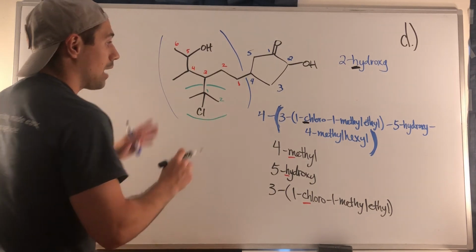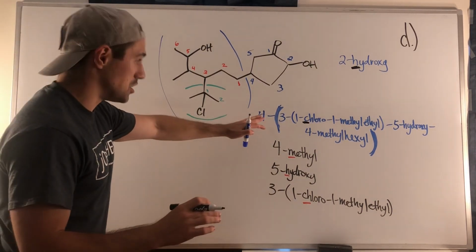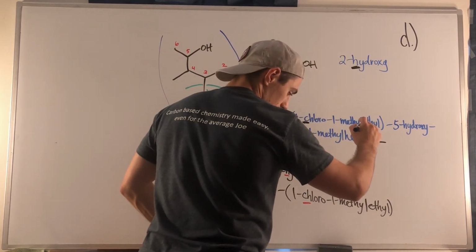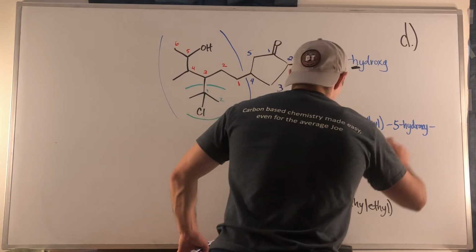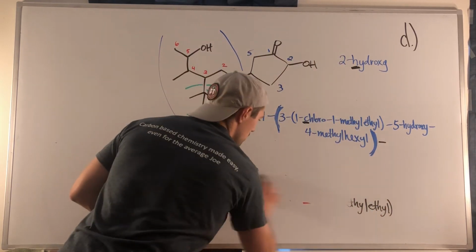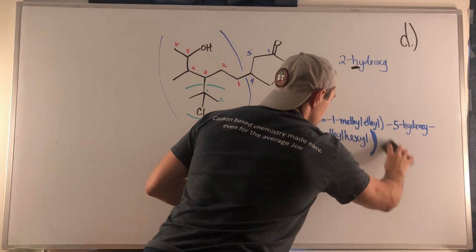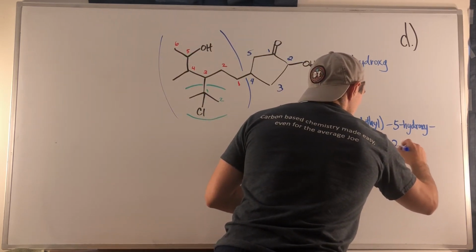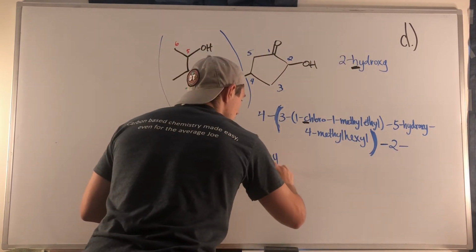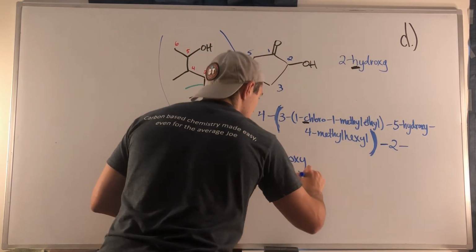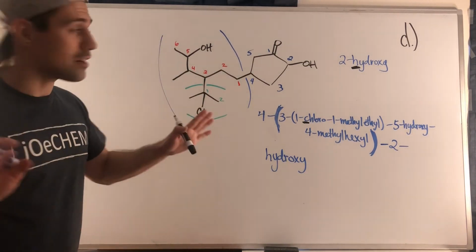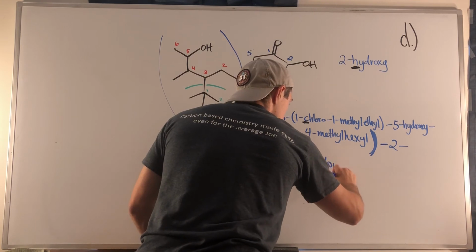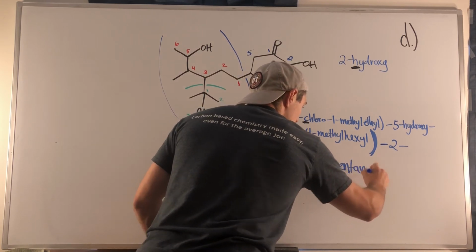So I'm going to cheat and just use this, so then this just becomes, I'm going to erase this, and I'll do this in blue, then 2, and then I'll bring it down here, hydroxy, and then remember our parent chain is this ring, so it's cyclopentane.